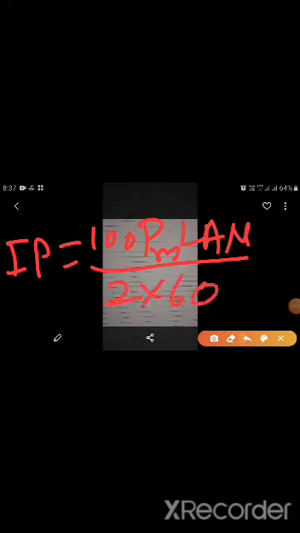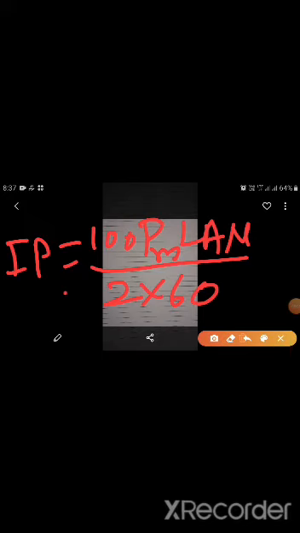So 1000 is being removed and 100 comes before PM, because 1 bar is equal to 10 raised to 5 Newton per meter square. If you are substituting PM in bar, you have to multiply by 10 raised to 5. So 10 raised to 3 and 1000 get cancelled, and 100 only remains here.